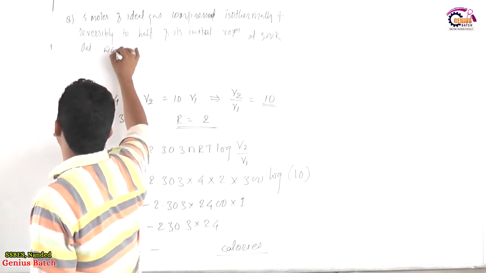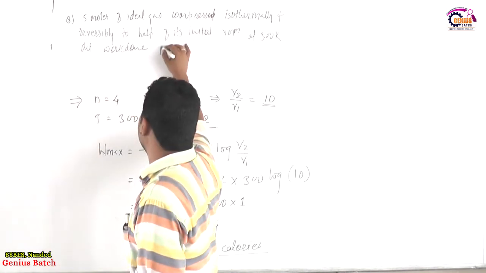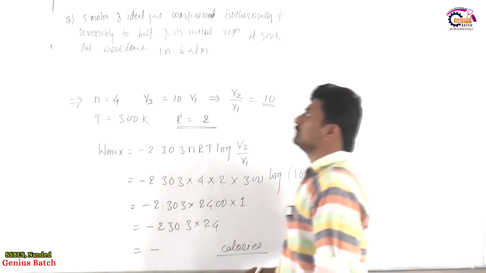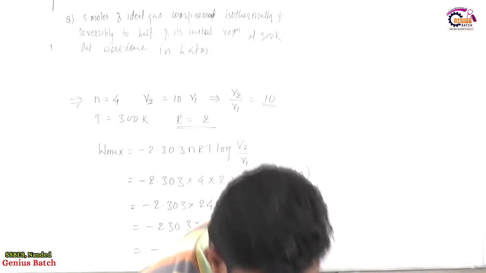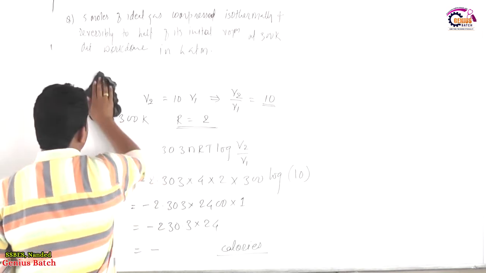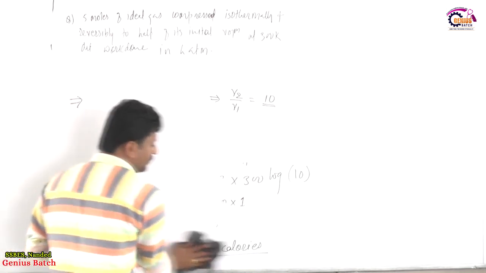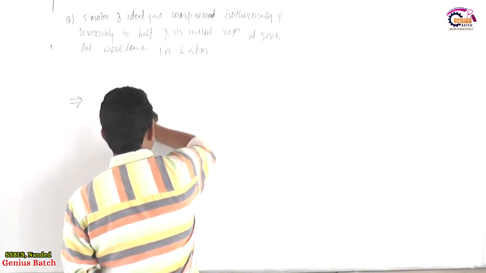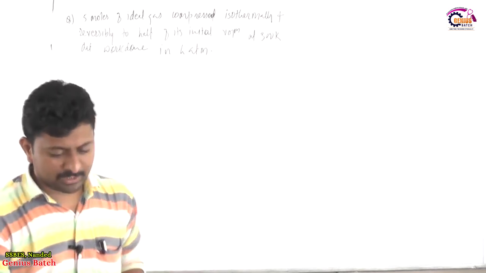Determine work done in liter atmosphere. Work done in liter atmosphere, this we need to find out, and the data provided is we have 5 moles of gas which are compressed isothermally and reversibly to the final volume half of its initial volume. Okay. And work done in liter atmosphere is required.